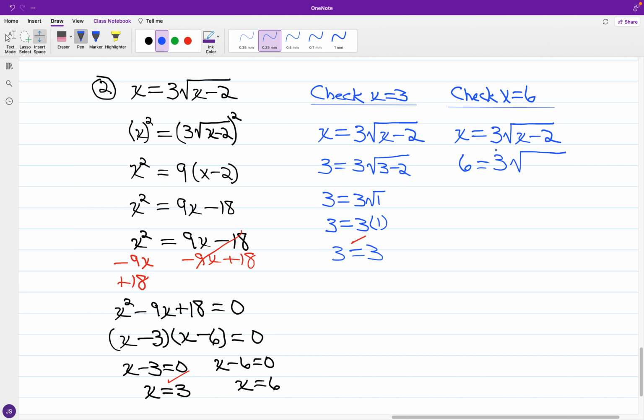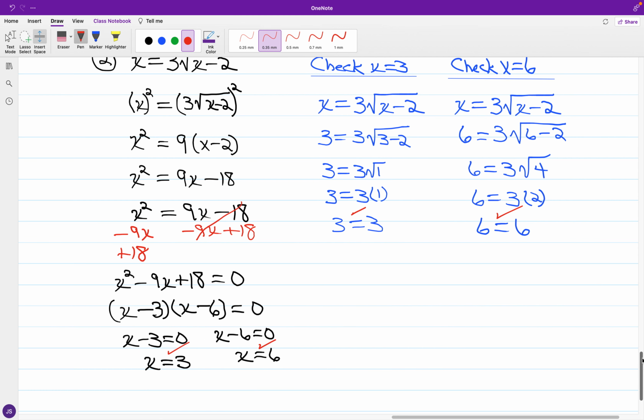So you have 6 is equal to 3 times the square root of 6 minus 2. And 6 minus 2 is 4, and the square root of 4 is 2. And 3 times 2 is 6. Once again, upon examination, both sides are equal. And so this equation likewise has 2 solutions, 3 and 6.